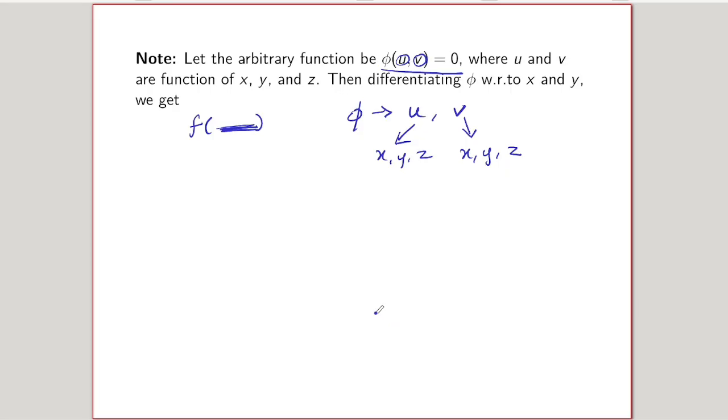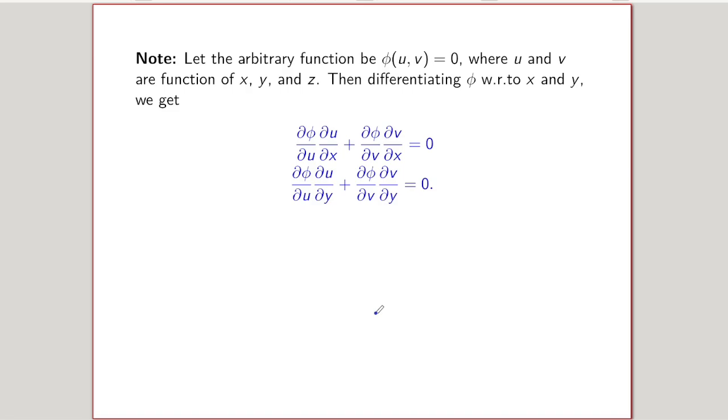Now we are going to see how to eliminate this function phi when it is implicitly dependent on the variables x, y, and z. So we are going to differentiate phi with respect to x and y.